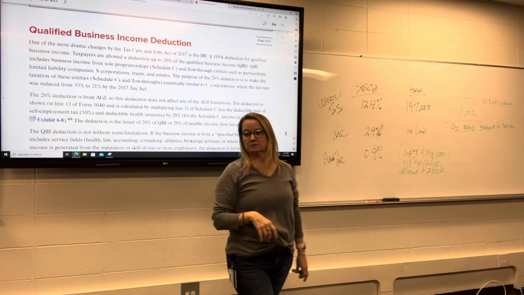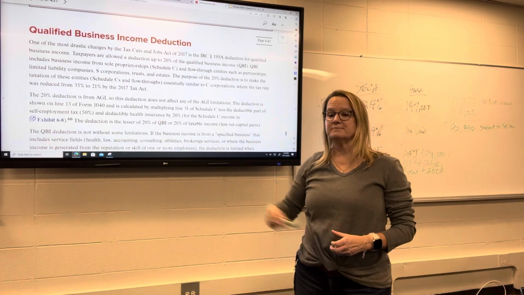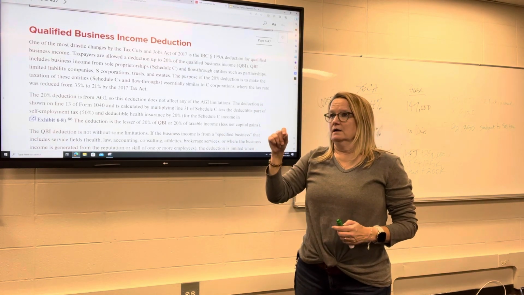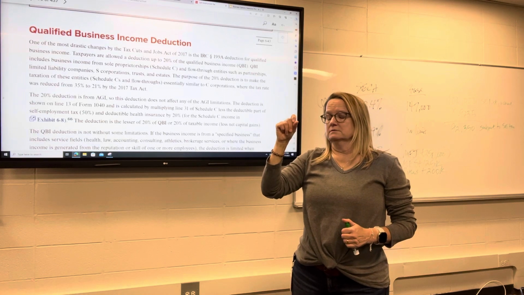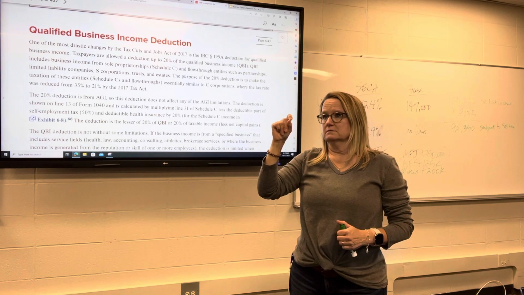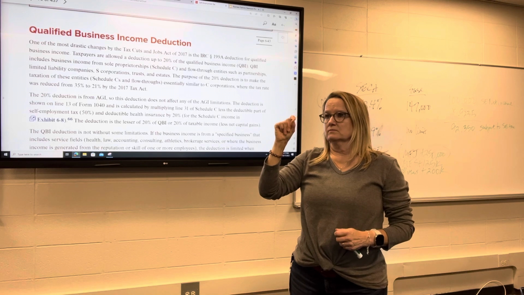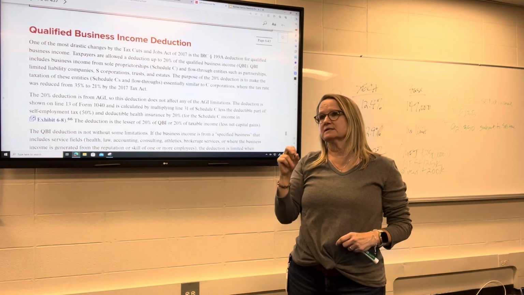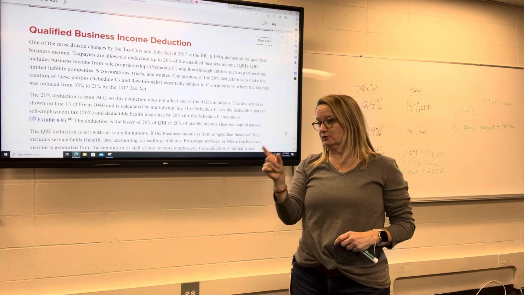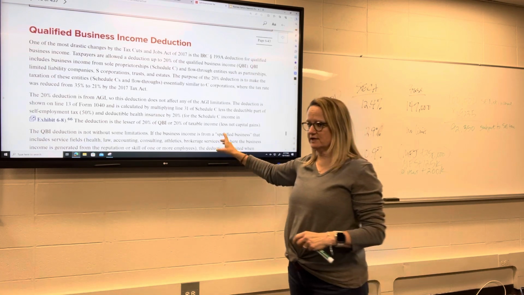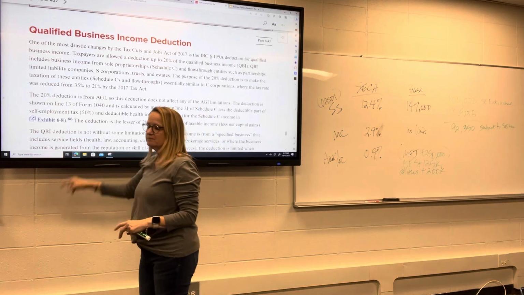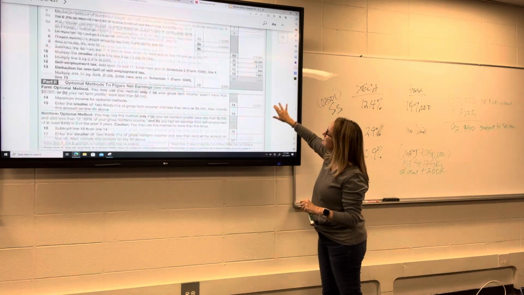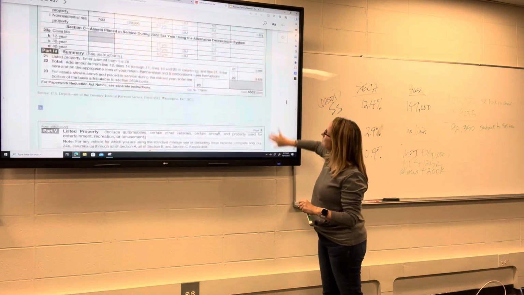Are those two amounts going to be on one of the forms that you could find, or do you just know in your head that this is 50% of the self-employment tax plus the health insurance? It's the self-employment tax, and for your problem, I think it's only the self-employment tax; I don't think there's a health insurance component to that problem. That self-employment tax, you're going to find it over here.